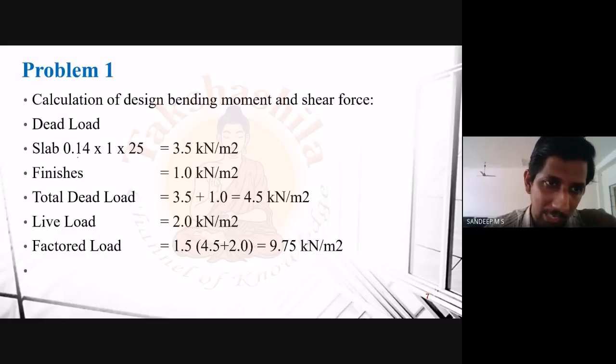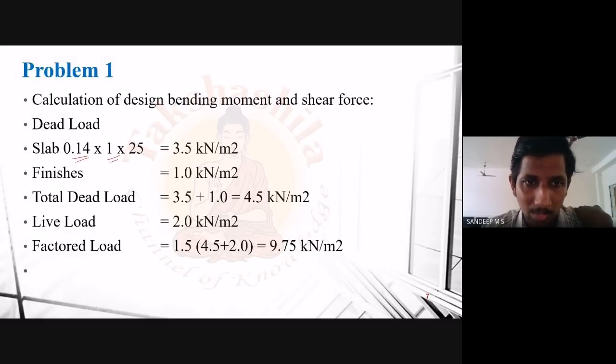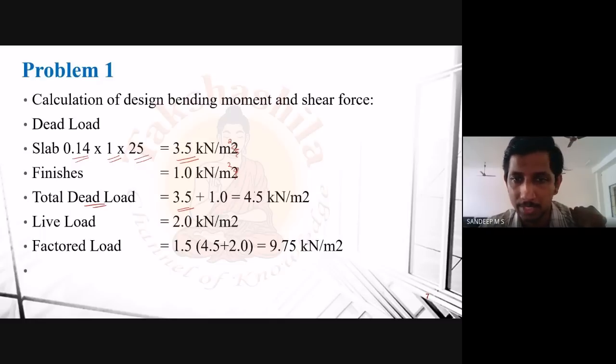For the time being, for calculation of self weight of slab, I have the overall depth, then the width as 1 meter, and finally unit weight of concrete. Therefore I will obtain it as 3.5 kilonewton per meter square. Now the finishes, we have already assumed as 1 kilonewton per meter square. So the total dead load will be equal to 3.5 plus this floor finish, that is coming around 4.5 kilonewton per meter square.